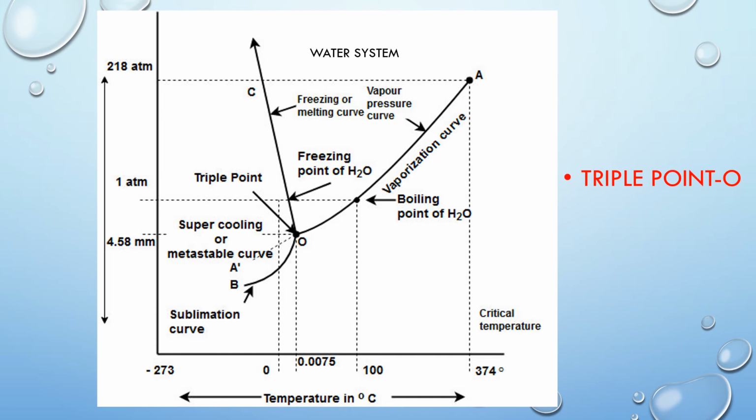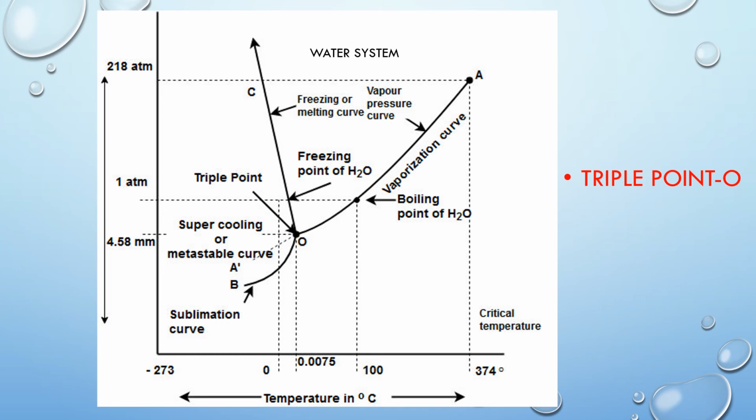The triple point O. The three curves OA, OB and OC meet at point O, at which solid, liquid and vapor phases coexist in equilibrium. This point at 0.0075 degrees Celsius and 4.58 mm pressure is called a triple point.